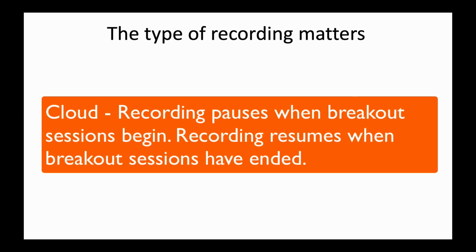When you open up the breakout rooms, the recording will automatically stop. And it's only when you close the breakout rooms and everybody returns to the main session that the recording will start again.